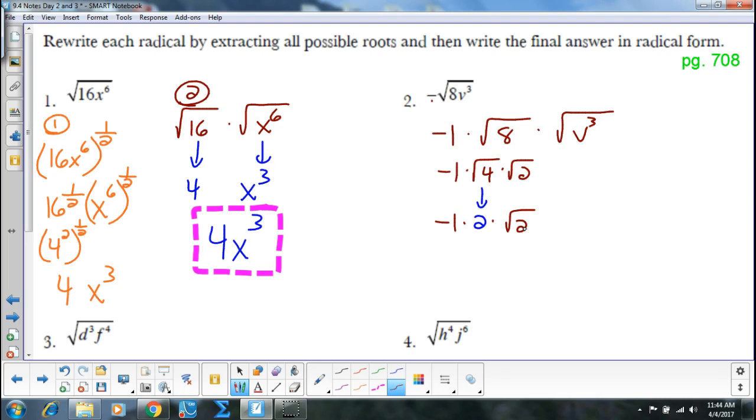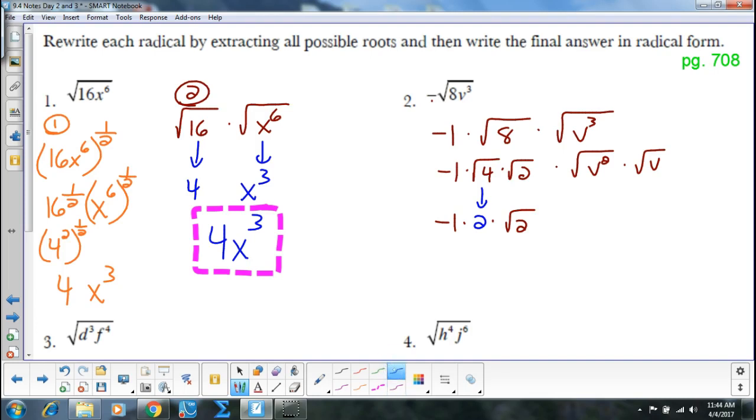Again, I'm taking the square root, so I'm looking for the biggest multiple of 2 that goes into 3, or that's smaller than 3, I should say. 2 is the biggest multiple of 2 that's smaller than 3. So this would be the square root of v squared times the square root of v.